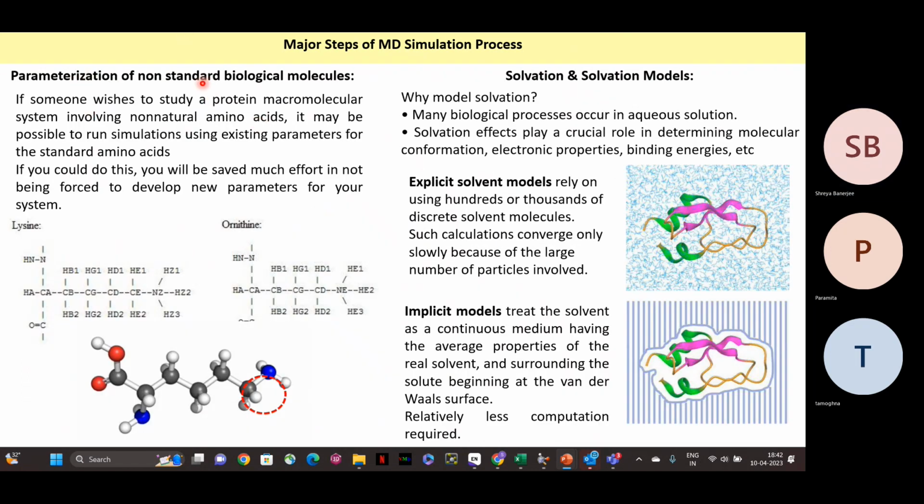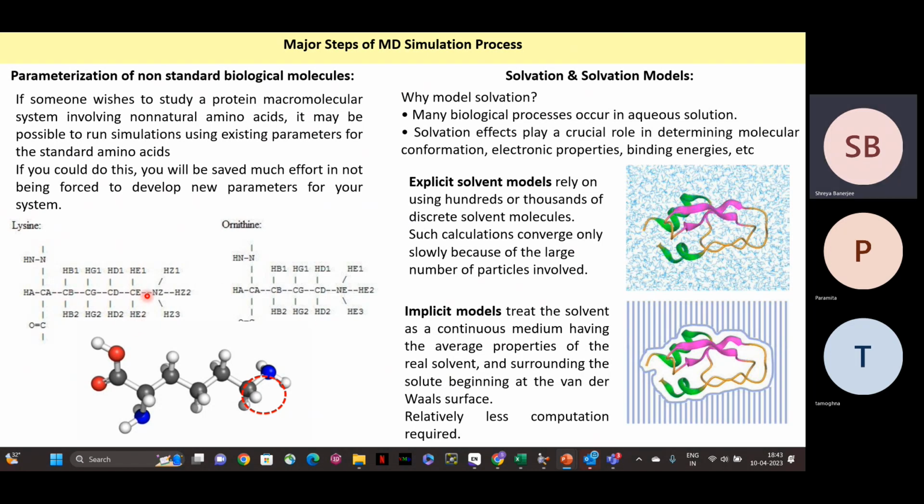So if we want to find the parameter file of a non-standard biological molecule, it is often possible to run simulations using existing parameters for the standard amino acids. So in all the molecular dynamics simulation software available, you will find existing parameter files for standard amino acids like lysine. But suppose your protein has an ornithine, which is basically lysine, but with one CH2 less.